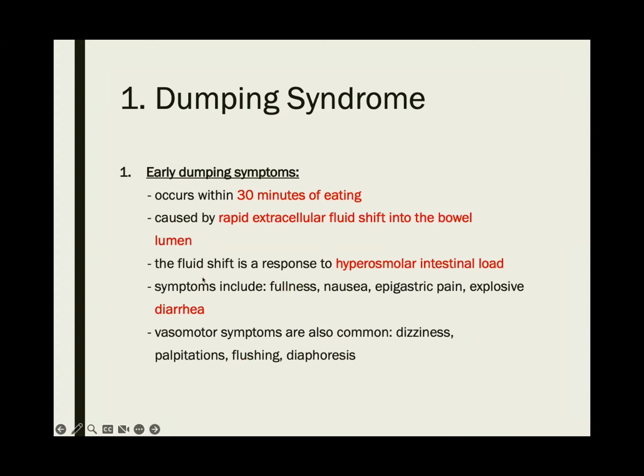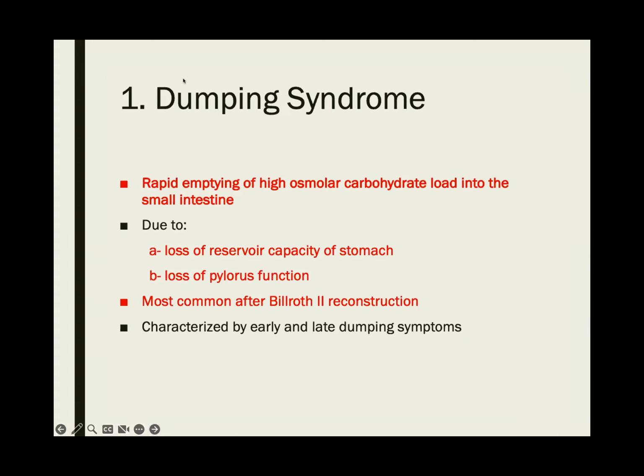So most of these syndromes are related to the procedures of the limbs. Okay, so the most important is not the limbs, but how to understand dumping. Dumping syndrome is happening because we lost the reservoir function of the stomach. Okay, and as a consequence, there would be a fast transition of the luminal content of the stomach into the small intestines.